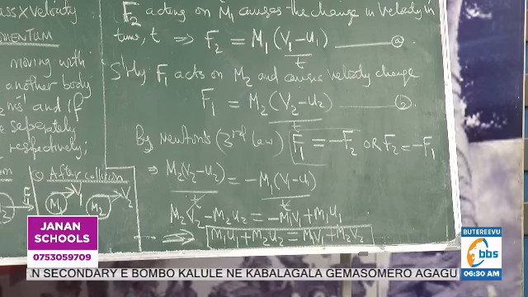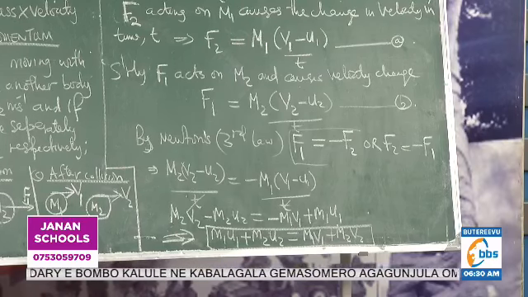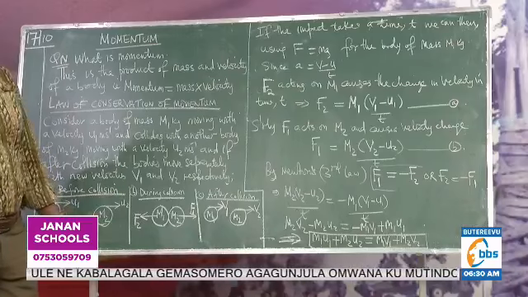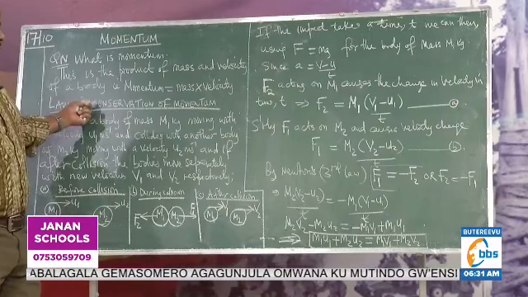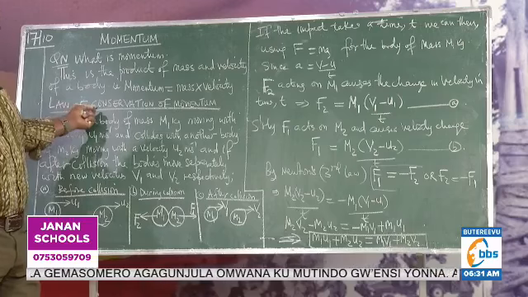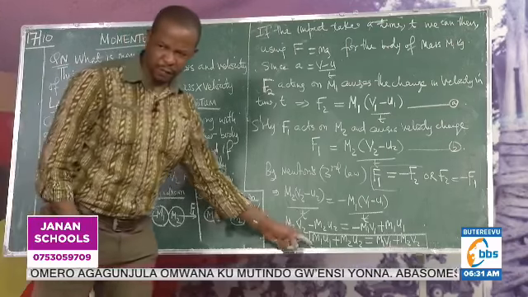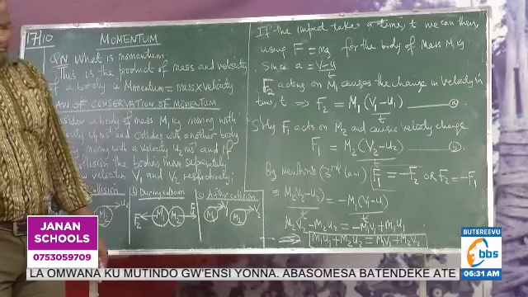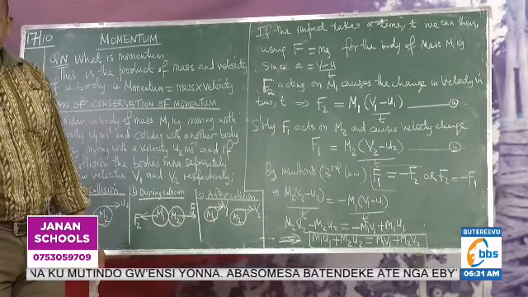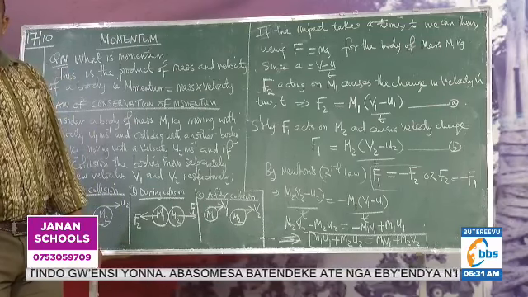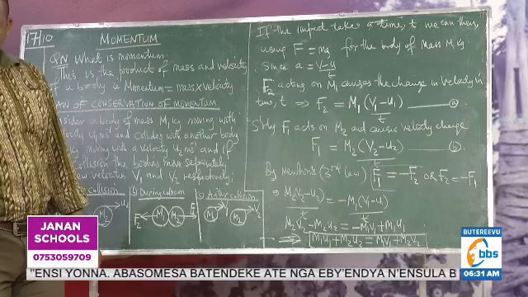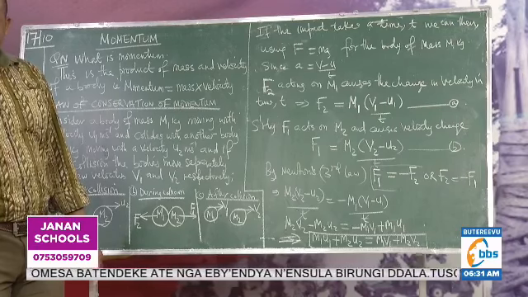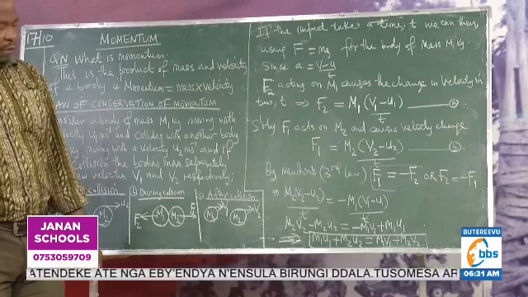I will shortly state that the law of conservation of momentum, which we are yet to state, but which is depicted by the expression we have just got, states that in a system of colliding bodies, the total momentum before collision is equal to the total momentum after collision.